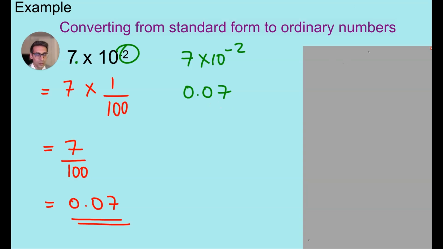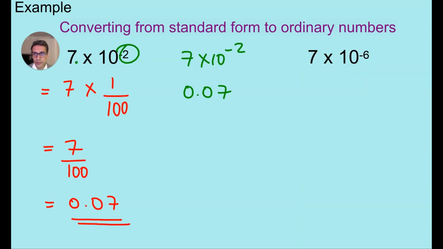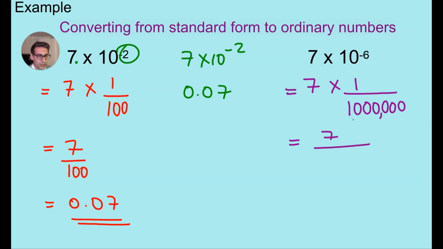Okay, here's one for you to try, and then I'll show you the answer in 3, 2, 1. So 7 times 10 times 1 over, now this becomes 10 to the power 6, so 1, 2, 3, 4, 5, 6. So that's going to be equal to 7 over, and that's a million. And that is going to be, we can write the 7 here, and we're going to draw 6 buckets.